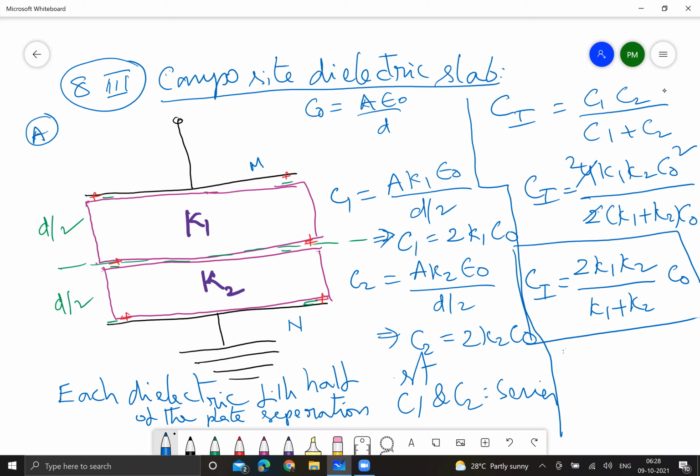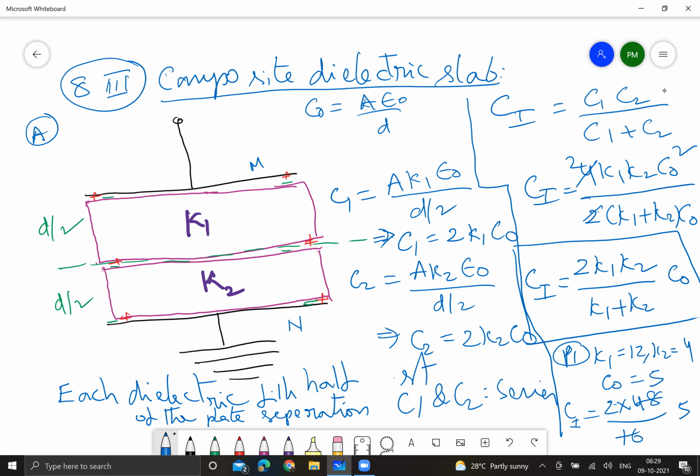A simple problem, as I said, K1 12, K2 4, C0 5. So the equivalent capacitance will be 12 into 4 by 12 plus 4, correct? 48 by 16, that is 3, sorry, into C0 5.